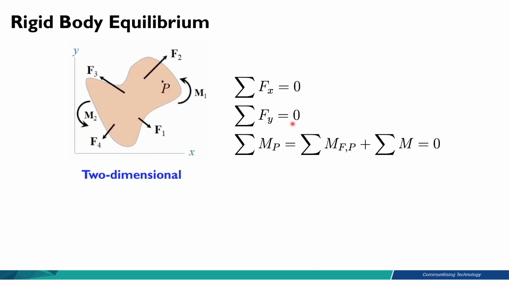Now, this is not the case for dynamics. In dynamics, the forces are now not equal to 0 because the rigid body is now in motion. So in this particular chapter, we are talking about Newton's second law of motion, that is F equals ma.